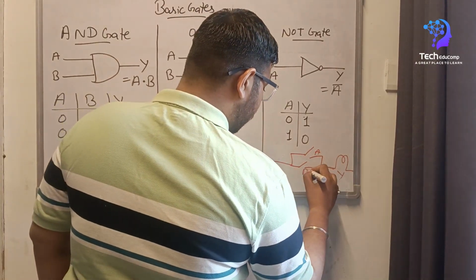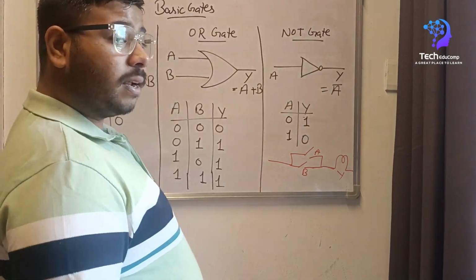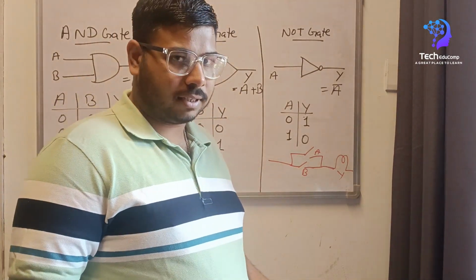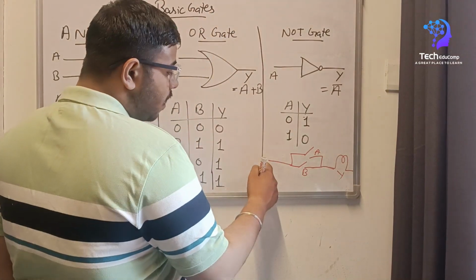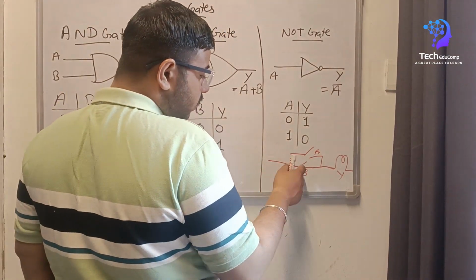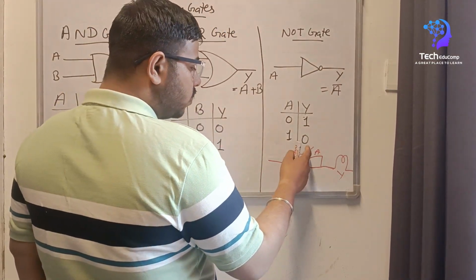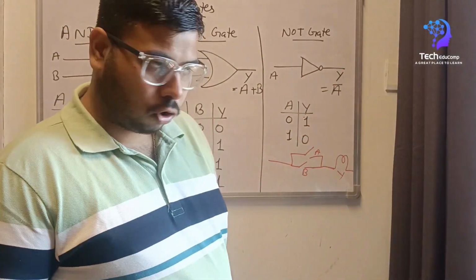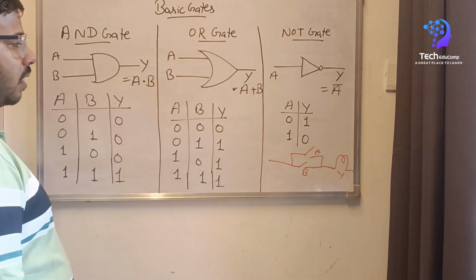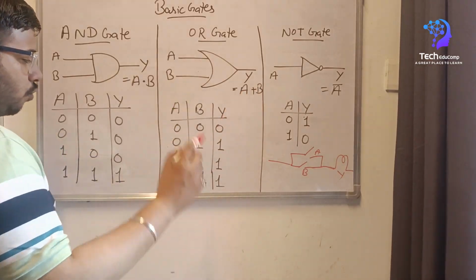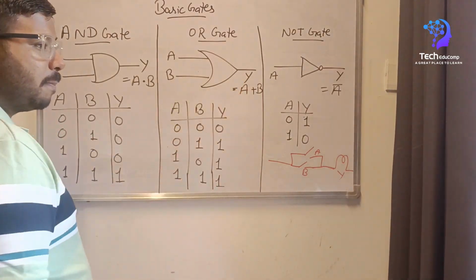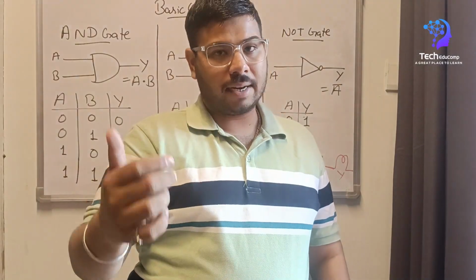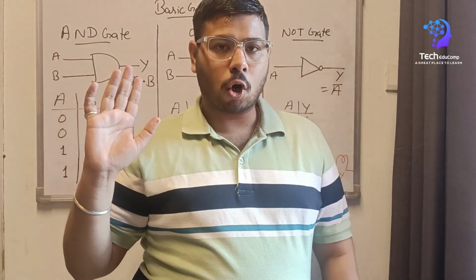In parallel, the current will find the shortest path. When the switch is open, there is a circuit gap. When one is closed, we will get the output. So this is the symbol, this is the expression, and this is the truth table. The expression is A plus B. It simply adds, so 1 plus 1 in binary is 1. We will talk about this later. Just consider it true.